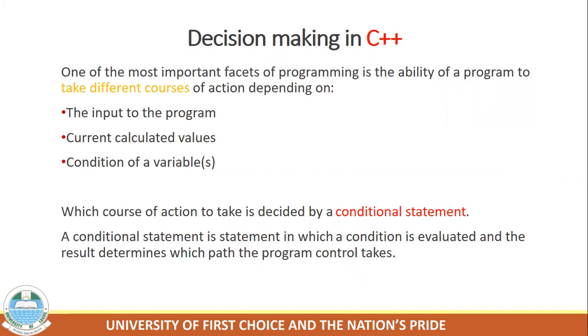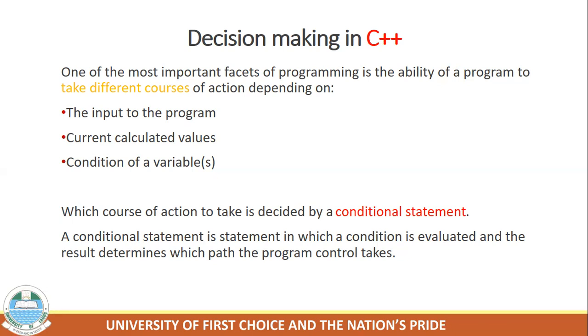So your program must be able to incorporate some decision-making features, and it will take you to different sections, or it will display some different features based on your input. So we make decisions every day, and your program must be able to capture decision making.